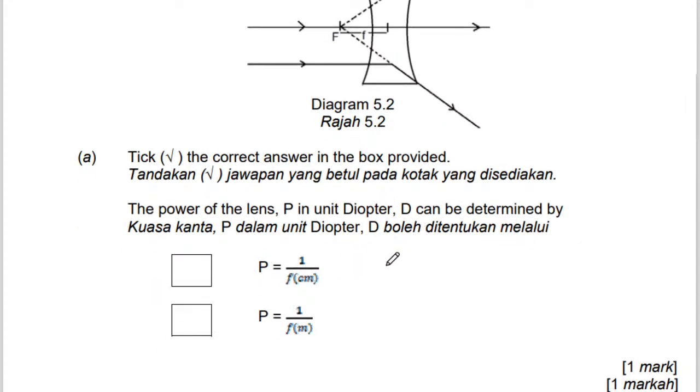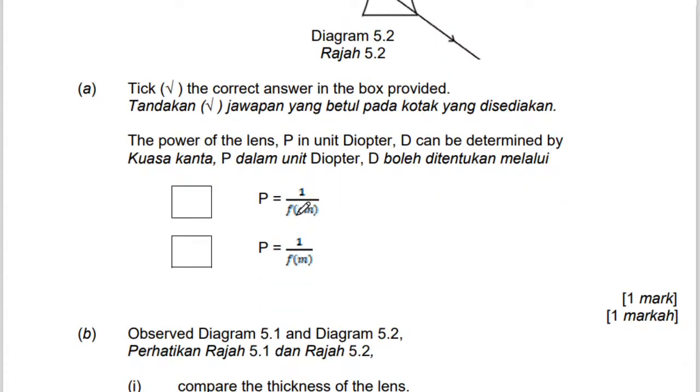So, formula, diopter. The power of lens P in the unit of diopter can be determined by this formula for power. P equals 1 over focal length. But if you want your answer to be in diopter, diopter is the same as per meter.